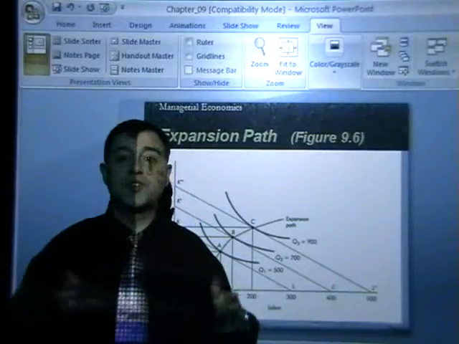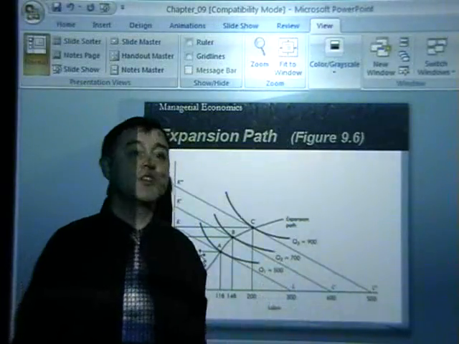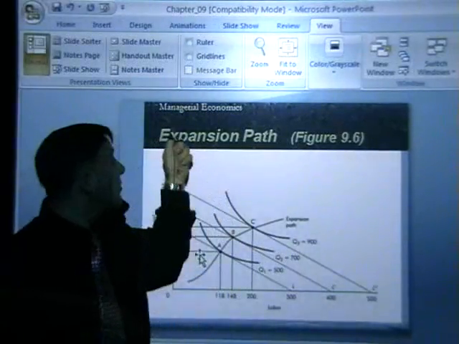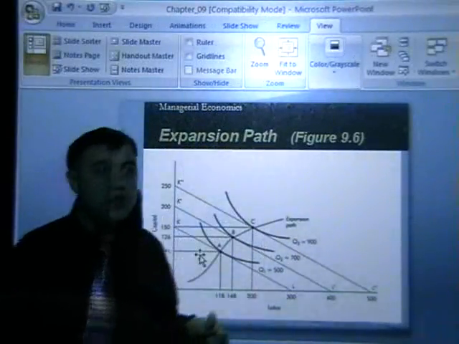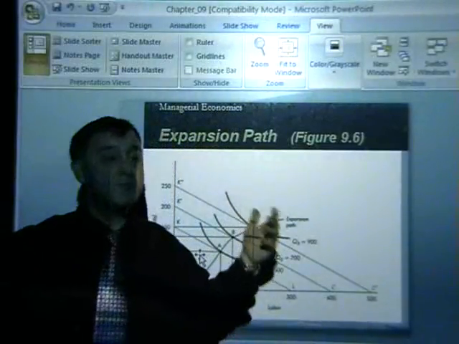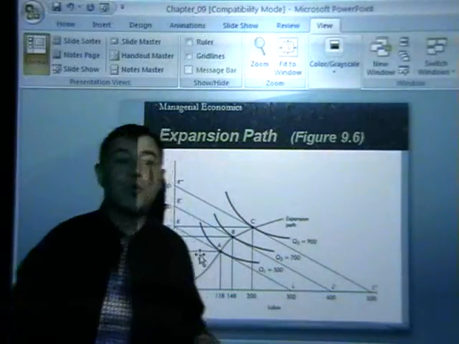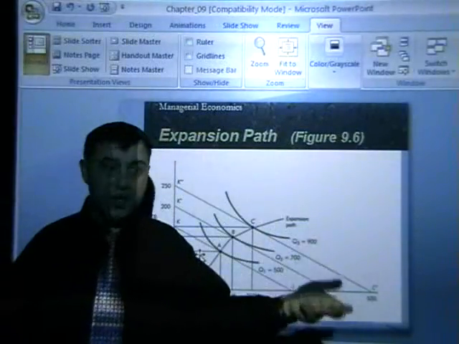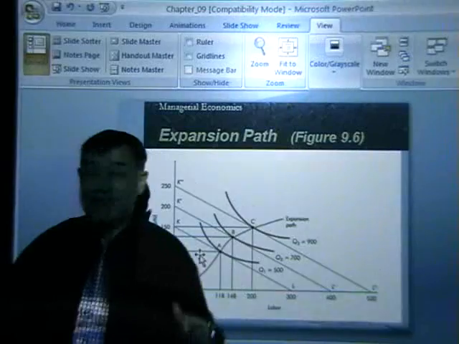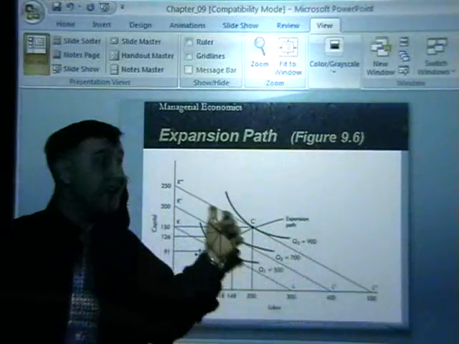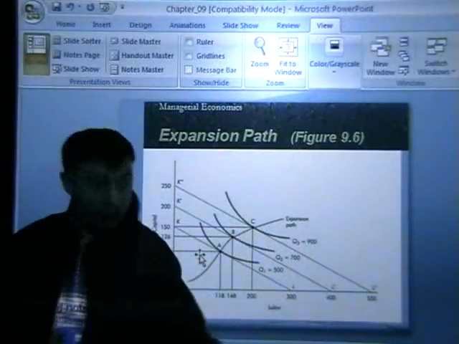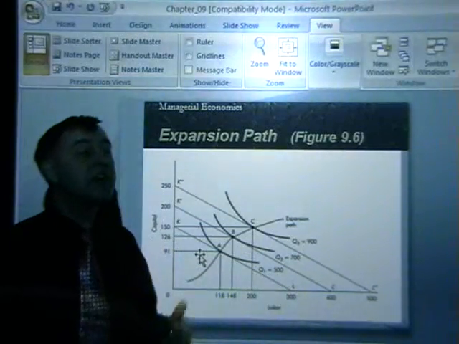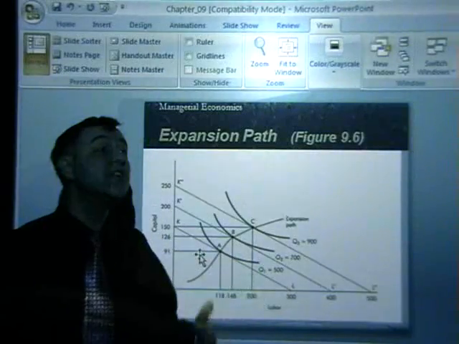For example, this university wants to expand by a certain amount, and remember, this whole chapter is on the long term. The university wants to be at its long-term optimality. For example, we want to double the number of students. It is not necessary that we double the number of buildings, meaning capital, the number of rooms in which we teach students, and at the same time double the number of professors.